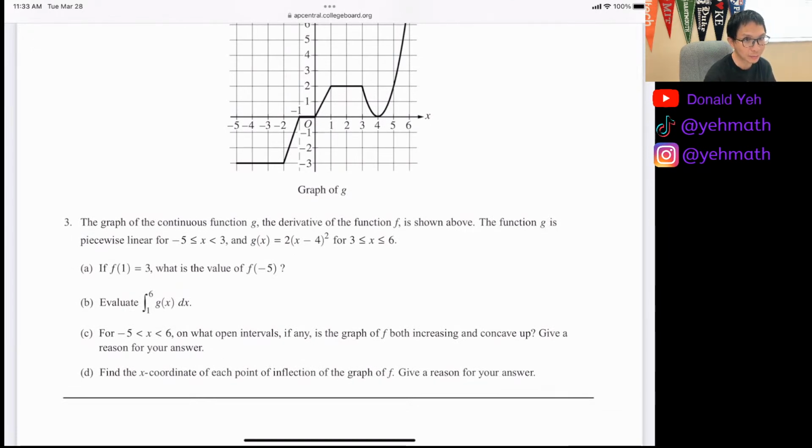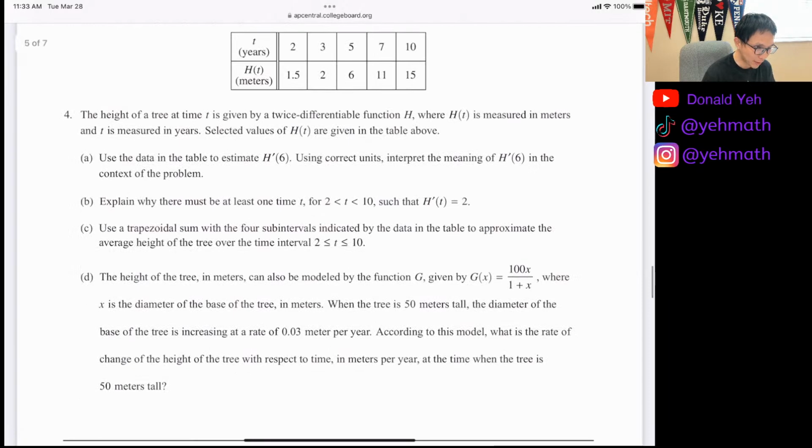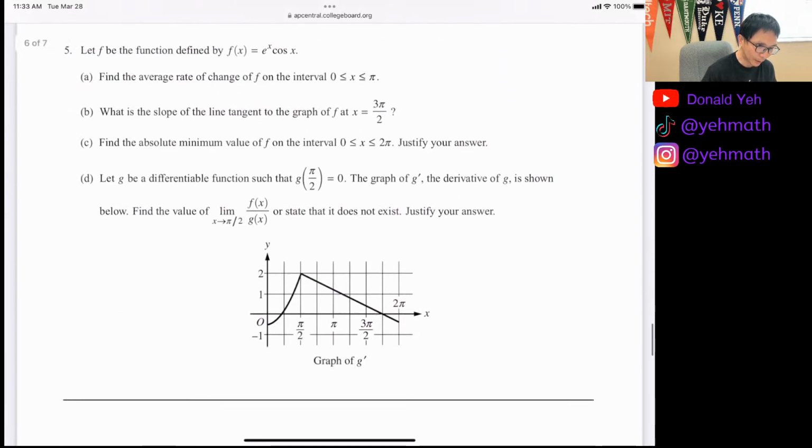Analyzing the graph: which intervals are increasing, decreasing, concave up, concave down, points of inflection, and even area under the curve, slopes. This is with no calculator. This one's Riemann sum, derivatives, slope, average rate of change. Number 5 is the one I talked about: u-substitution, integrals, derivative, slope of the tangent line, absolute maximum and minimum values, differential equations, L'Hopital's rule.